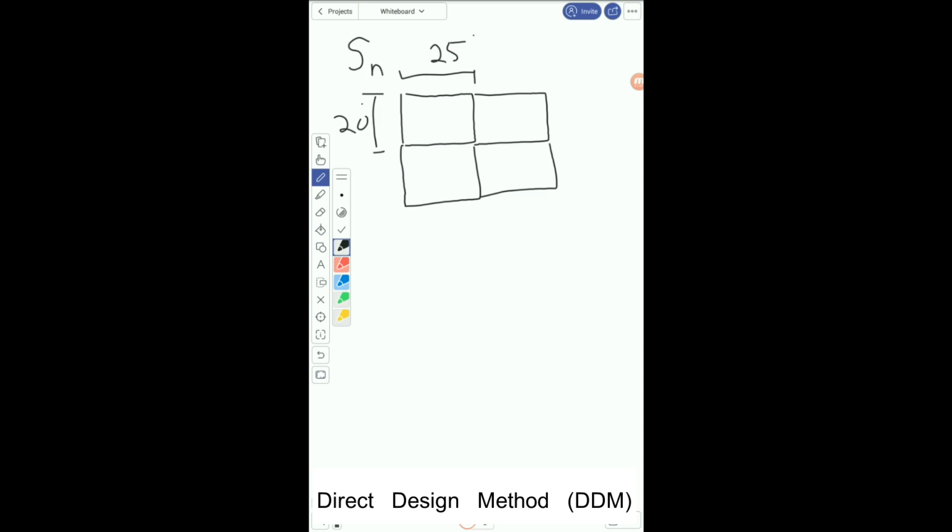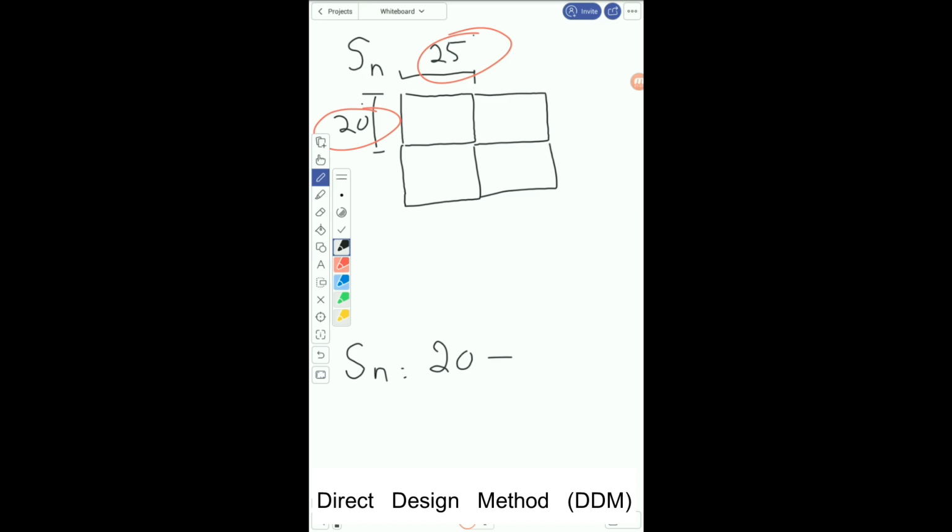Out of these two dimensions, it's very clear that I have to consider 20 feet because I'm looking for the calculation of Sn. So Sn will be equal to 20 feet minus, because this 20 feet and 25 feet we already discussed, these are center to center span, so I have to take clear span.